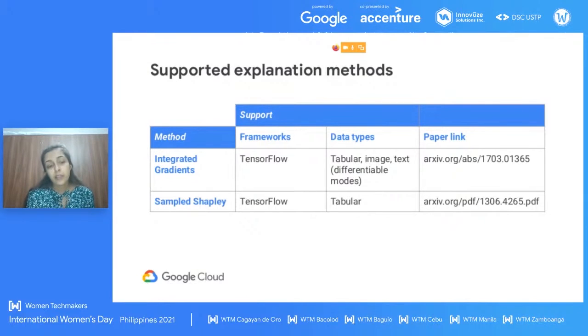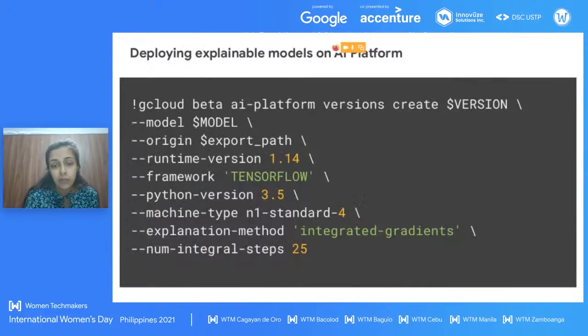Some of these methods perform better than others. For example, integrated gradients is better for image data or text data, and sampled Shapley and integrated gradients can both be used for tabular data types.